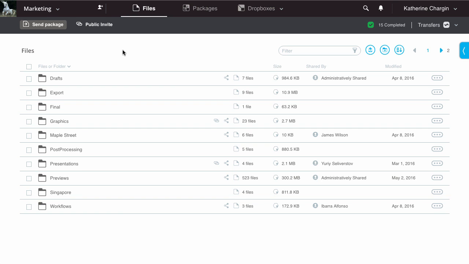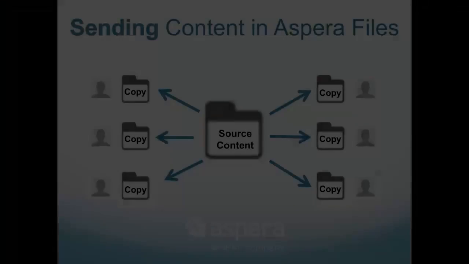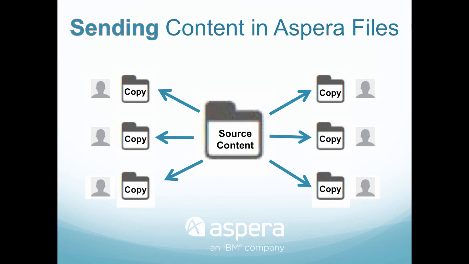To start, let me highlight a key point about the difference between sending content and sharing content. When you send content in a digital package, Files creates a copy of the source materials to send to your recipients, just like attaching content to an email.